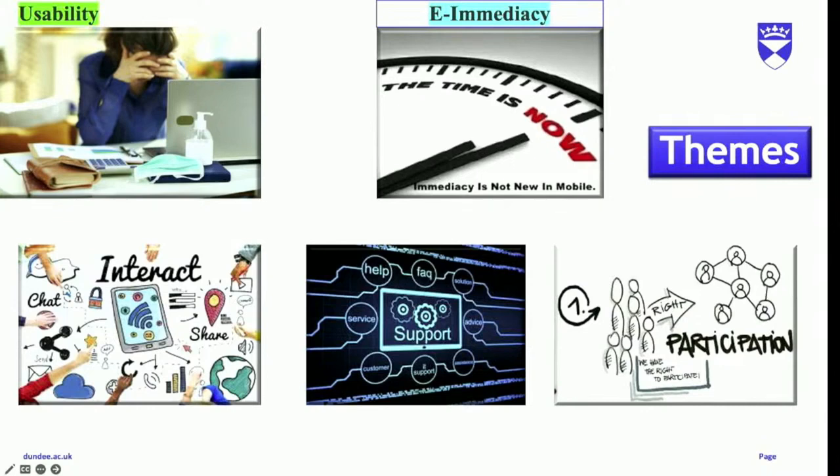Immediacy is the theme that I extracted from my data. Immediacy means immediate: they want an immediate response and immediate feedback. If they call even professional services staff and the response gets delayed, they do not feel they belong to the university, the environment, or the institution.